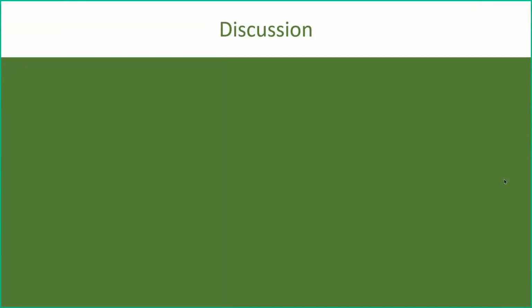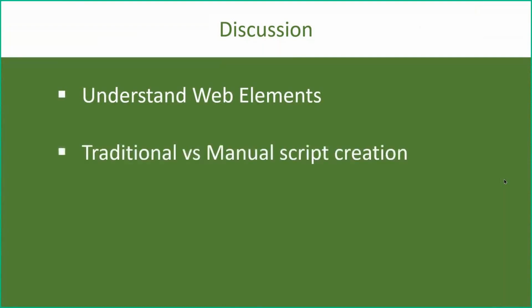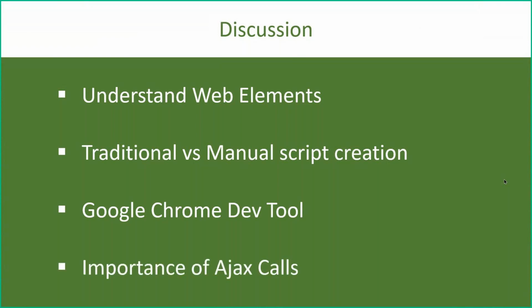The topics we are going to discuss are the web elements, traditional versus manual script creation, and the Google Chrome developer tool, and how we can take advantage of these tools. And finally, we are also going to discuss the importance of Ajax calls, which is often missed by performance testers, right?